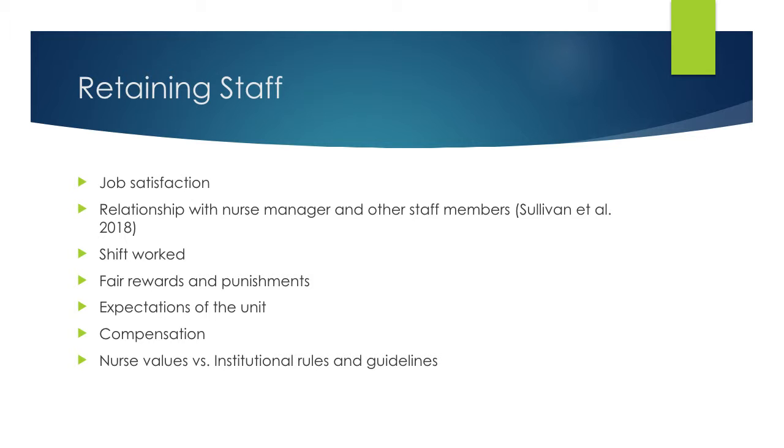People want to feel that they're making a difference, but they also want to get rewarded with money. So they want to know that they're getting their best dollar, and if not, they'll go on to another facility. And nurses' values versus institutional rules and guidelines and values. So if a nurse's values don't align with the institution's rules, guidelines, and values, then they might not stay there as well.